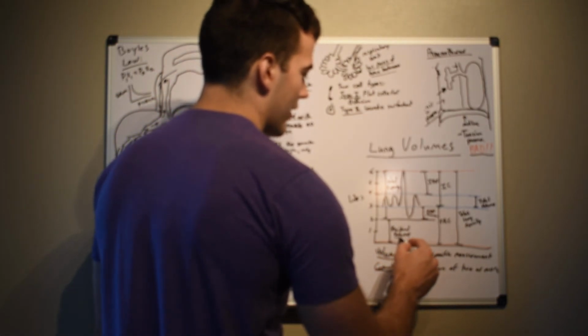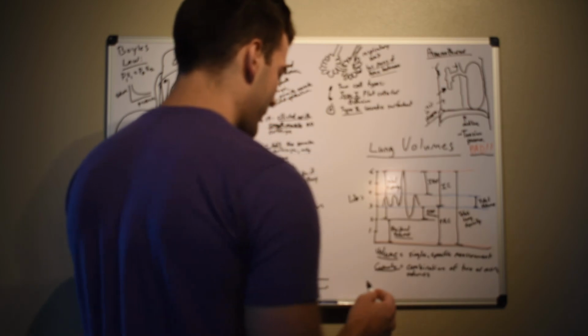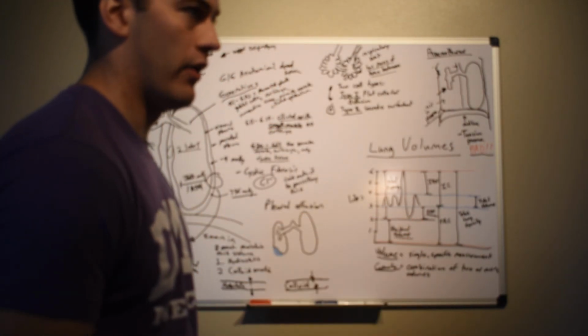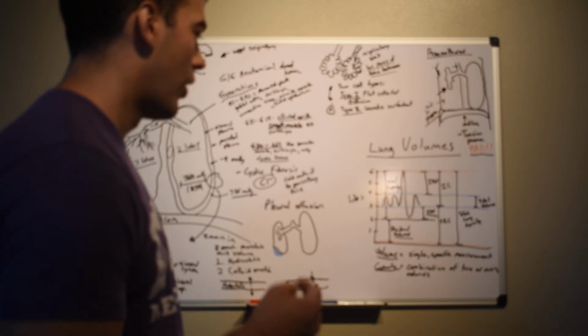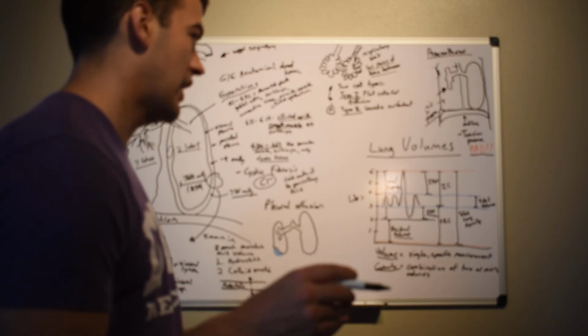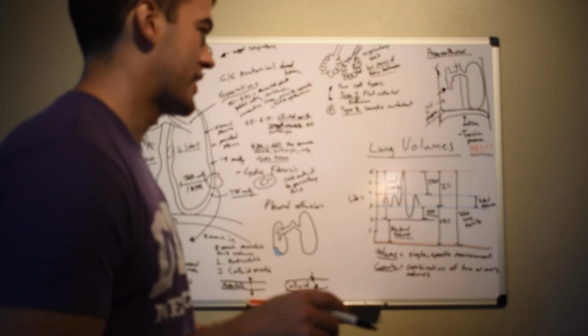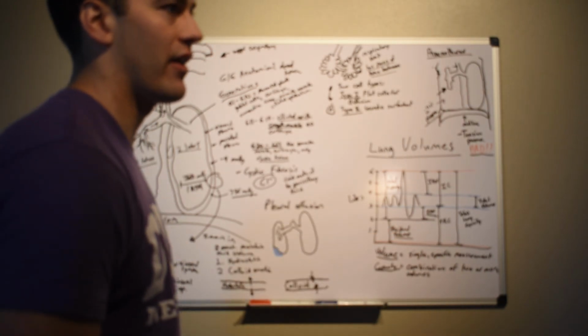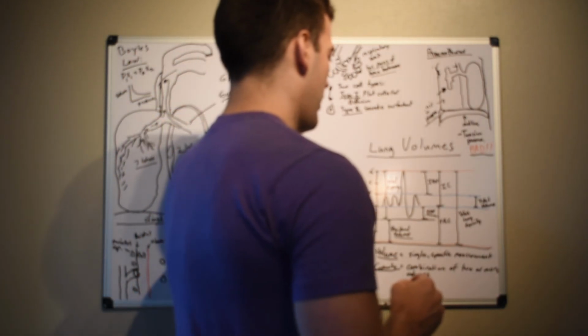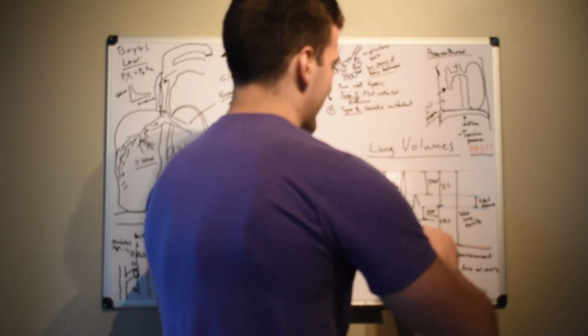So a residual volume is the amount of air left in our lungs after we took our maximum breath out. Because our lungs are always going to hold air no matter what. There's still going to be a little bit of volume left. And that is called the residual volume. You can't actually breathe that air out unless you crush your chest. Okay? So those are our specific volumes.